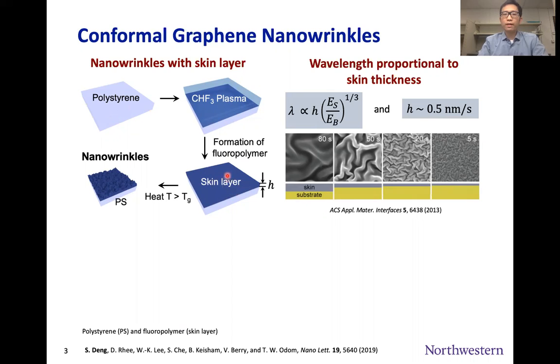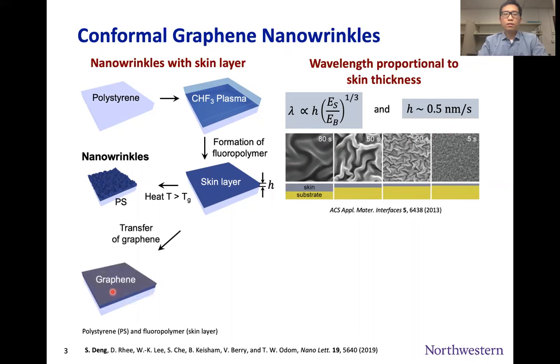We call it the skin layer. By further shrinking the substrates, we can form nanowrinkles in these skin layers. Another important feature of this method is that we can precisely control the wrinkle features like wavelengths and amplitudes by controlling the thickness of the skin layers through the reaction time. So this is very good for our applications.